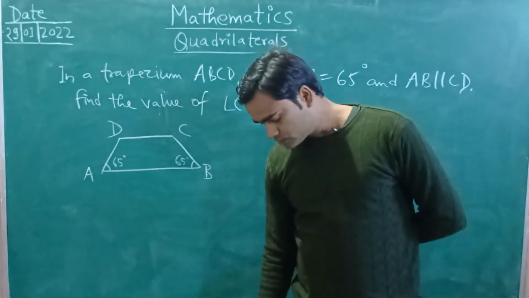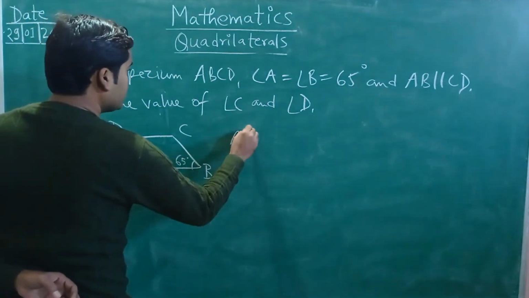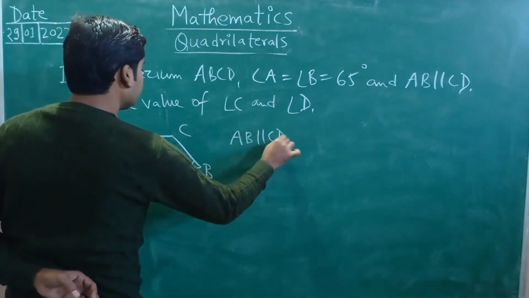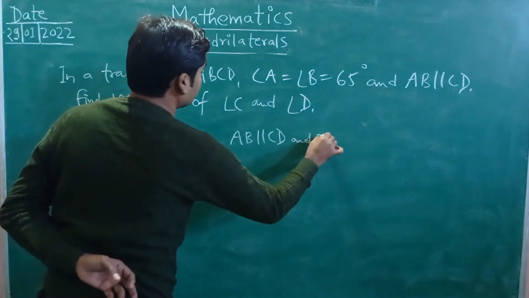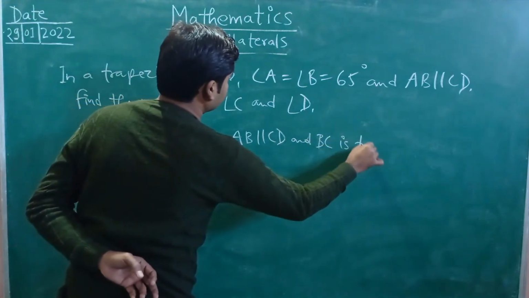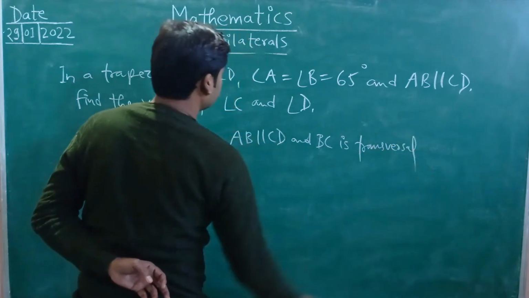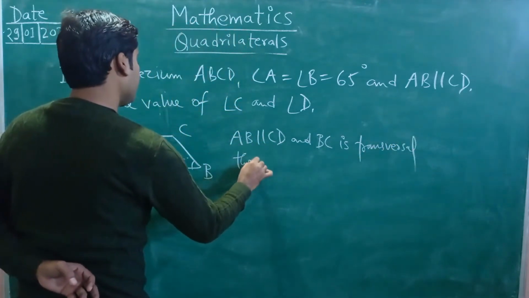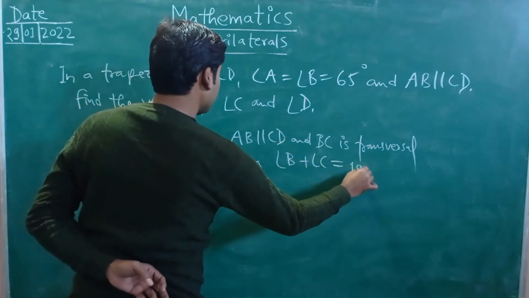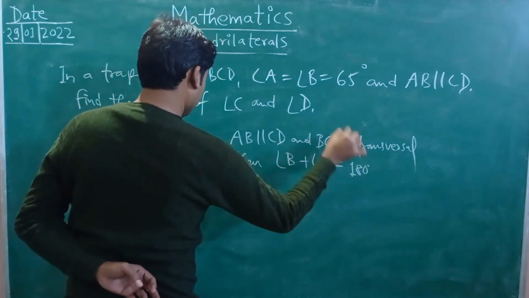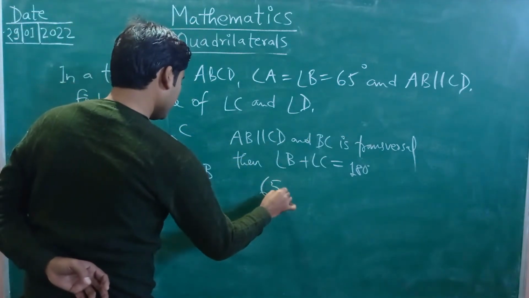So we will write AB parallel CD given and BC is transversal, then angle B plus angle C is equal to 180 degree.